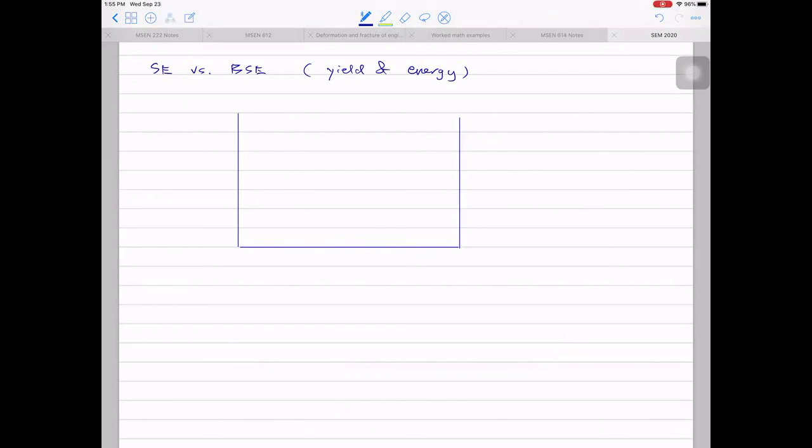On the x-axis, that's the energy, in eV. On the y-axis, that's the yield or number of electrons. When we have an electron beam interacting with the sample, we generate secondary electrons and BSE. So this is 0, and this is the beam energy.